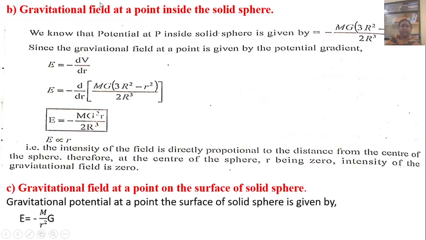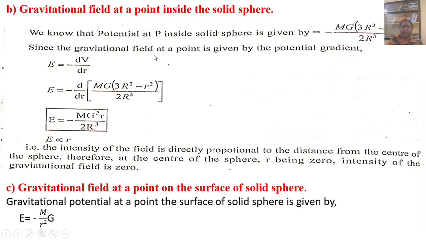Now gravitational field at a point inside the solid sphere. Now we know that potential at point P inside solid sphere is given by minus MG into 3R square minus r square upon 2R cube.